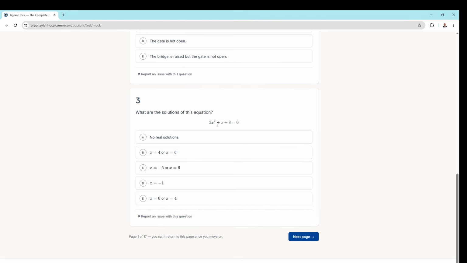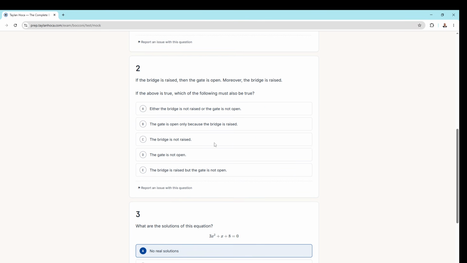So I'm gonna check delta. I suspect there are no solutions. Delta is b squared, which is 1, minus 4 times 3 times 8. So it is definitely negative, so no real solutions.